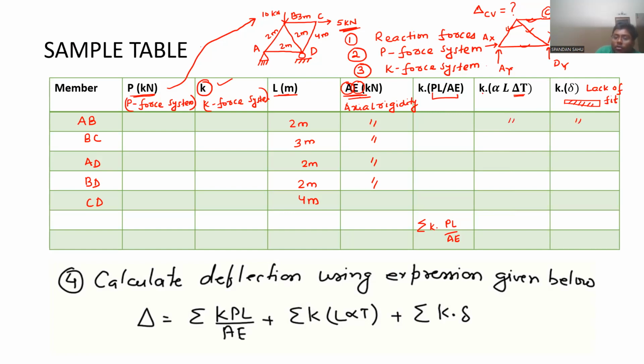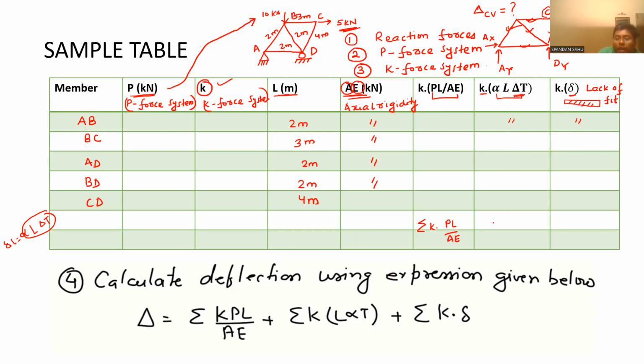So for that also you need to calculate the K again multiplied by alpha L delta T. Alpha is the temperature coefficient, L is the length, and delta T is the temperature change. So this gives us the change in length. And delta, that is lack of fit, will directly be given in the question.